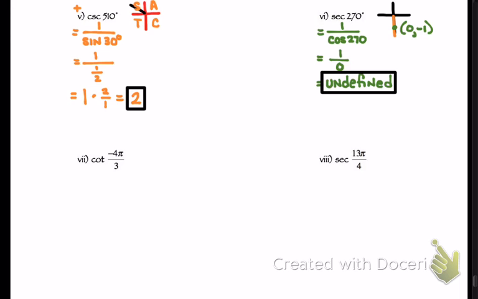All right. 7. Ready? First of all, quadrant. Second. Simple trig chart. Cotangent, negative. Cotangent is same thing as 1 over the tangent. Reference angle for negative 4 pi over 3 is pi over 3.